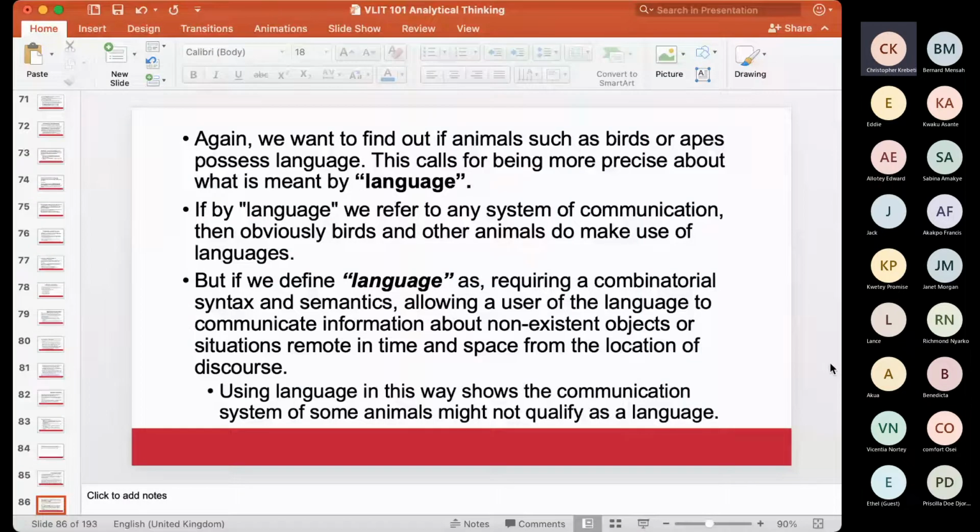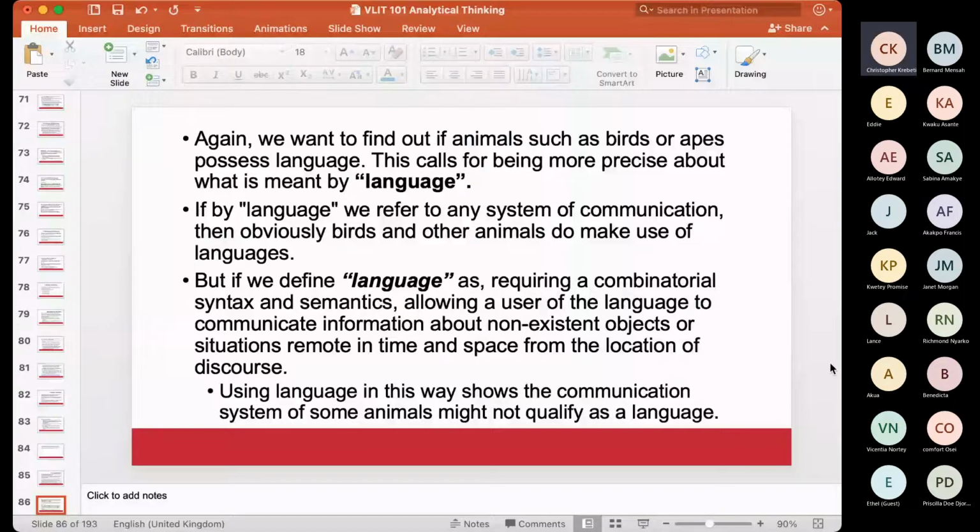But if we go ahead to define language as requiring a combinatorial syntax and semantics, allowing a user of the language to communicate information about non-existent objects or situations remote in time and space from the location of discourse, then using language in this way shows the communication system of some animals might not qualify as a language.